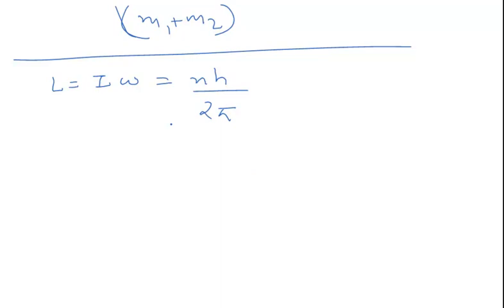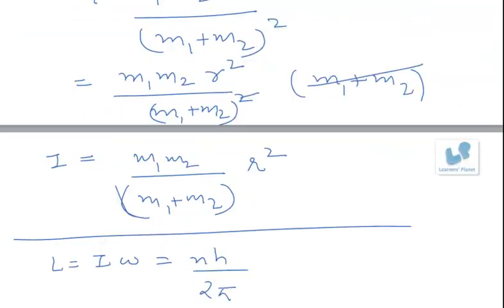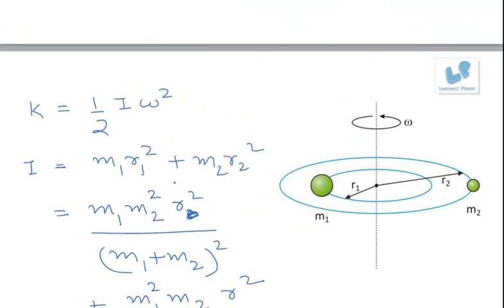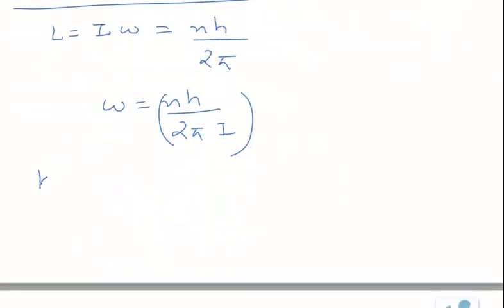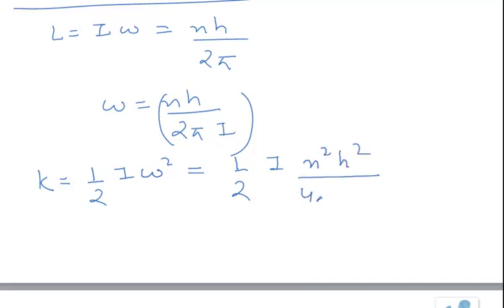Okay, so the value of omega is nh upon 2 pi times I. Now if you substitute the value of omega in this expression of rotational kinetic energy, we will get kinetic energy which is equal to half I omega square will be equal to half I times n square h square upon 4 pi square I squared.